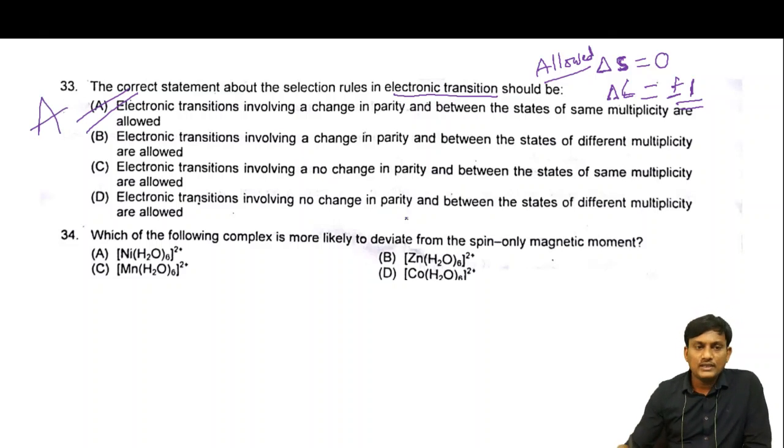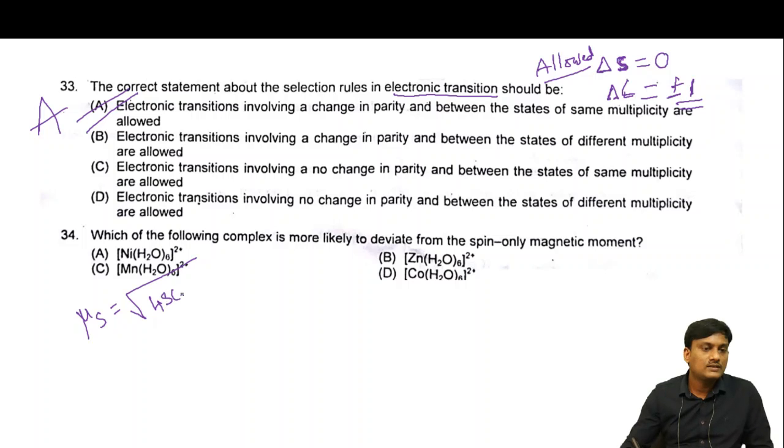Which of the following complexes is more likely to deviate from the spin-only magnetic moment? We know the spin-only magnetic moment mu s is equal to root over 4S into S plus 1. When the L value increases, there is a deviation from the spin-only magnetic moment.